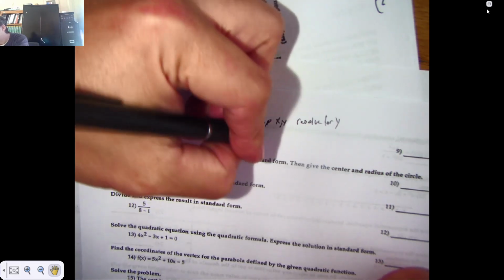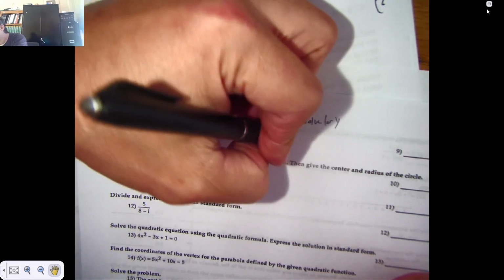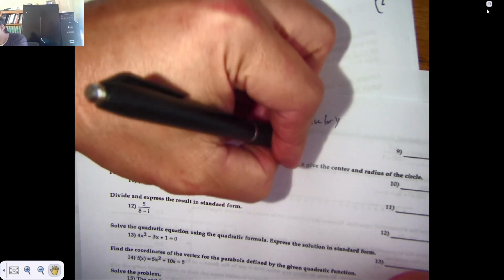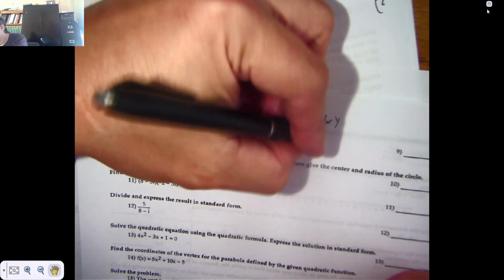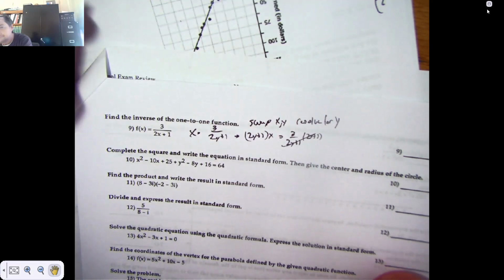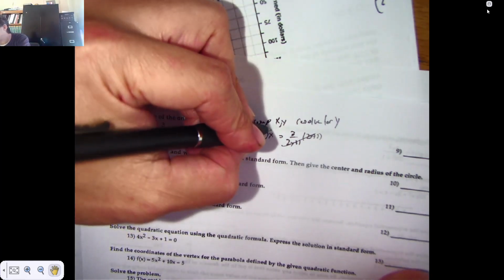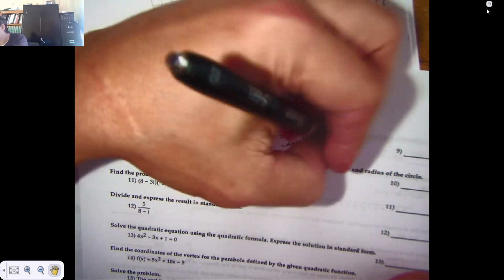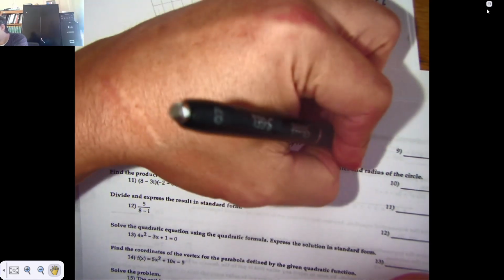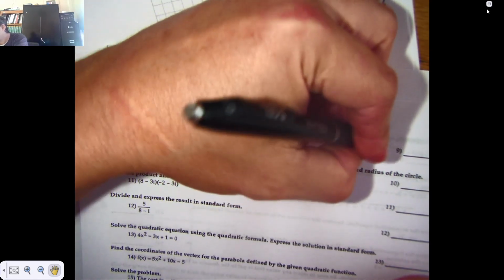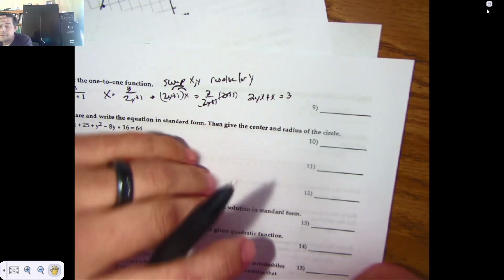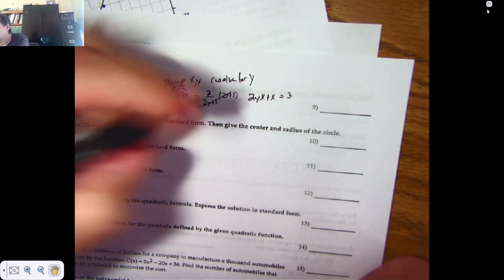Sorry, 2y plus 1 both sides. Cancellation on the right. Since we're solving for y, if you think a step or two ahead of time, you're going to have to distribute that x. 2yx plus x is 3. It's my first commandment in mathematics. If you can pull it, pull it.